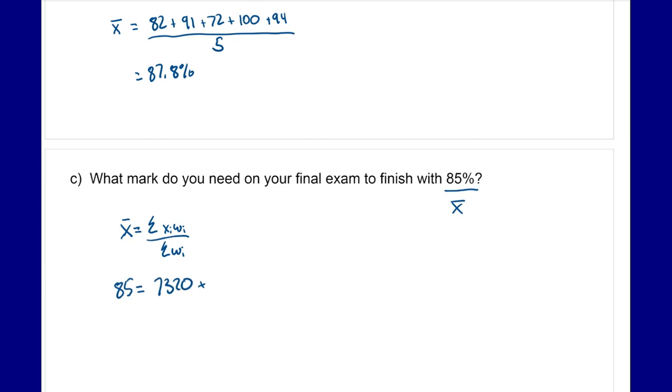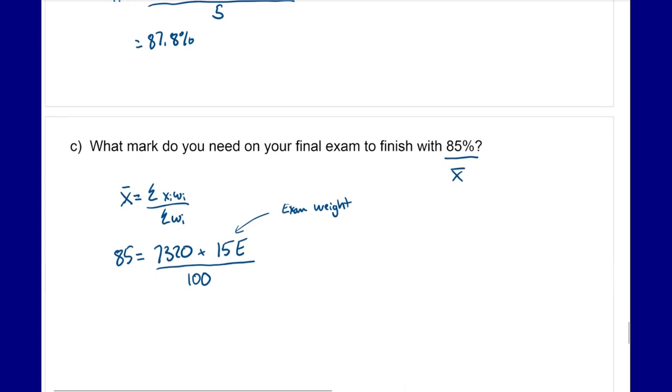An exam mark, which was 15, times whatever that exam mark is. So that comes from the exam weight, and we have an unknown exam mark. We're dividing now by 100 because that is our total weight factor, since we've now included the 15. So now we're just solving.